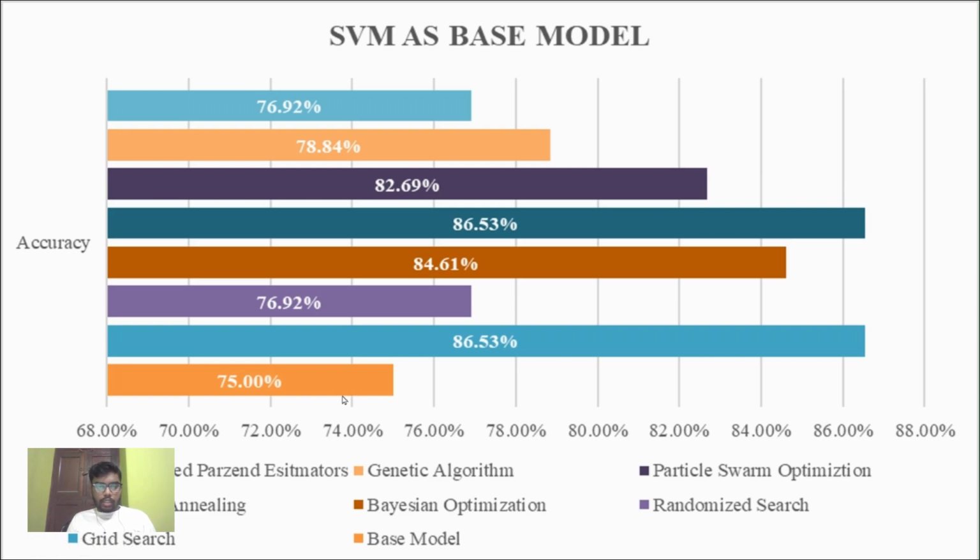In the base model, that is SVM, I achieved only 75% accuracy. After that, I approached with several hyperparameter tuning algorithms. At max, I achieved 86.53% accuracy in the SVM model.